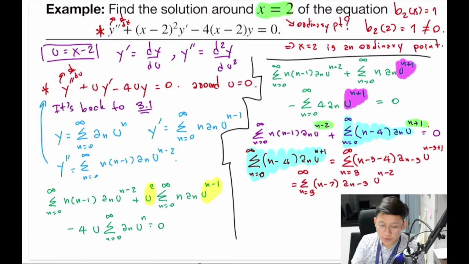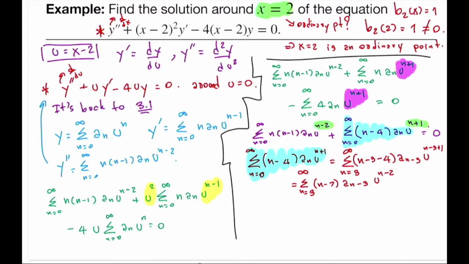What I have would be the summation n from 0 to infinity, n minus 1 a_n u^(n-2), plus the summation n from 3 to infinity, n minus 7 a_(n-3) u^(n-2), equals 0. Okay, is that good? Next, right now we have the same exponents.